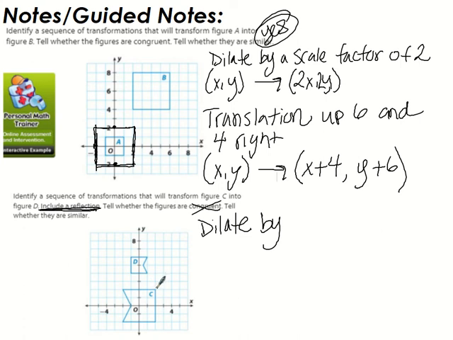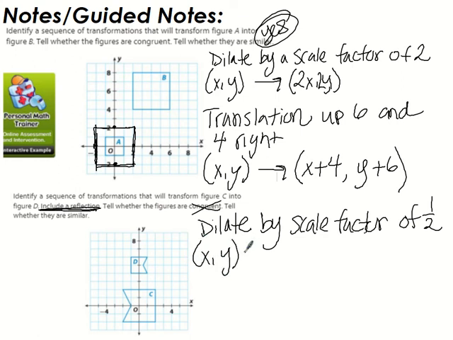So my sides are 1, 2, 3, 4. Now it's 1, 2. This is 1, 2, 3, 4. It's now 1, 2. This is also 1, 2, 3, 4. So I cut it in half. Scale factor of a half. Remember my rule goes to half x, half y.